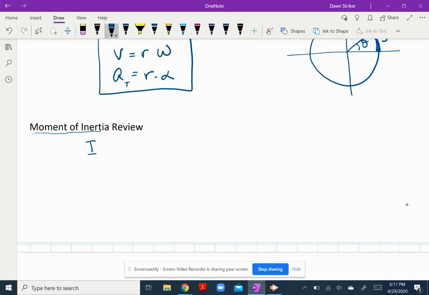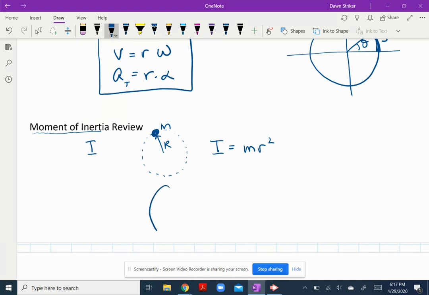All right. And so let me write down the moment of inertia for different objects or systems. We just said a mass moving in a circle with a radius r has a moment of inertia of m r squared. You should know that. You should memorize it. It should be easy.